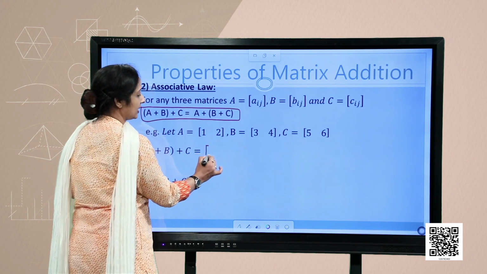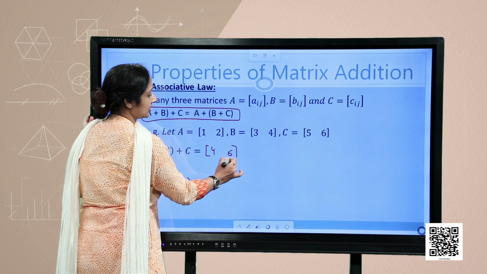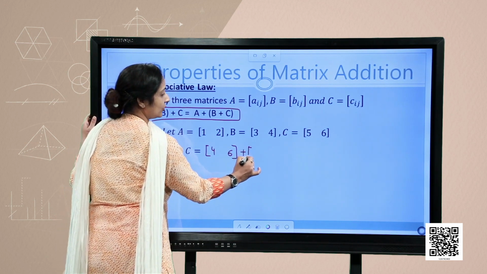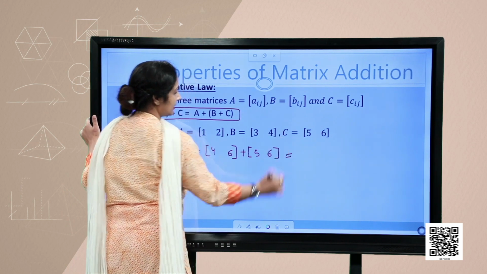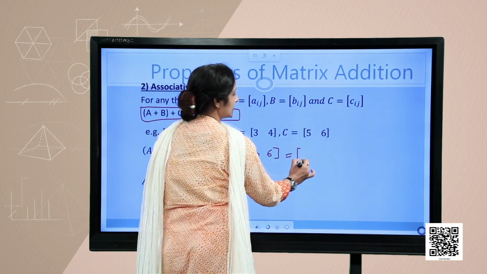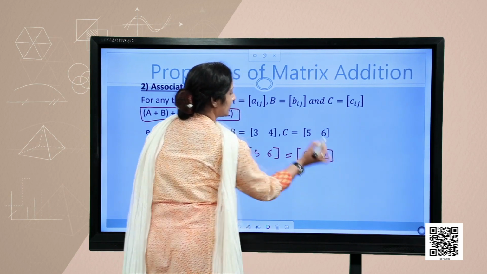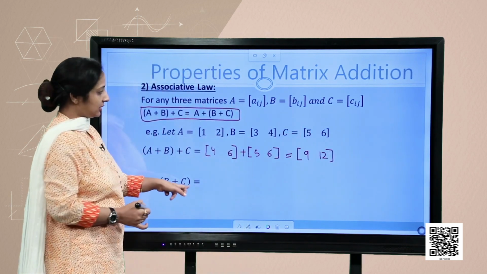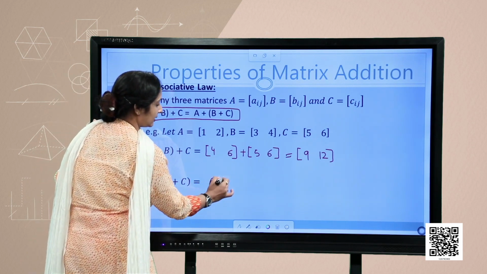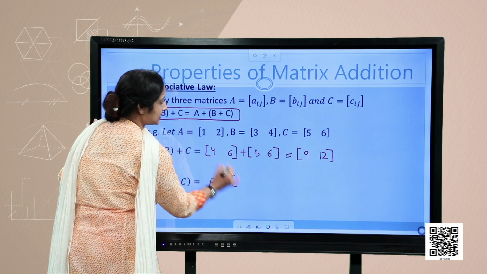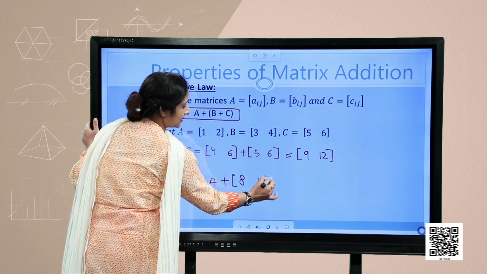First we add A and B, that means 4 and 6. And after that we will add matrix C, 5 and 6 here. So, this becomes 9 and 12. Now, I am going to add B plus C before adding to A. So, I will write A and then B plus C can be written as 8, 10.